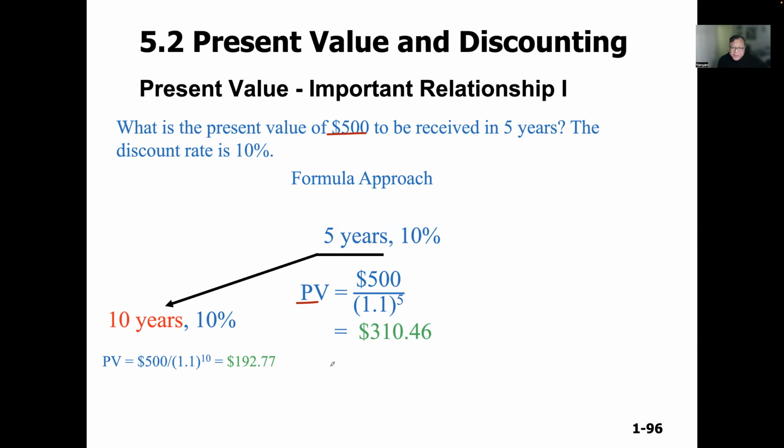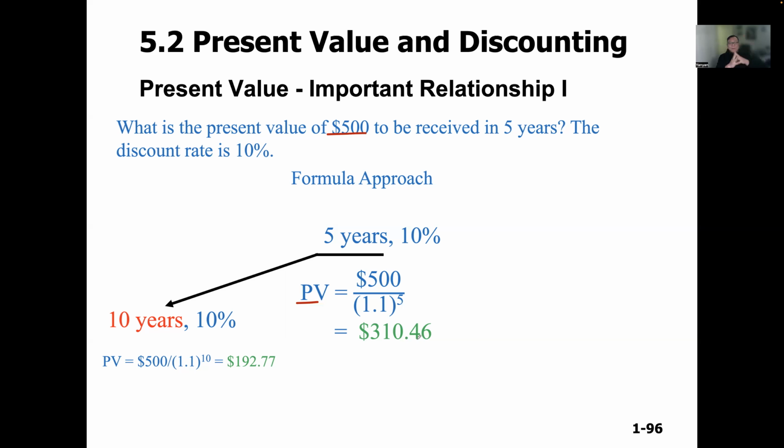If you are hoping to receive a future $500, and the discount rate is 10%, if you only have 5 years to do that, you have to do a little bit more. If you have a longer time to reach this goal, you can start with a lower number. So if you have 10 years, you can start with 192.77.